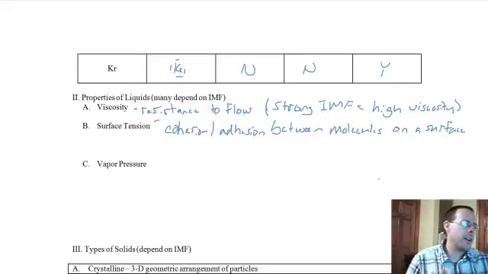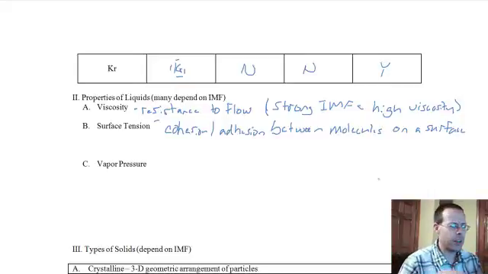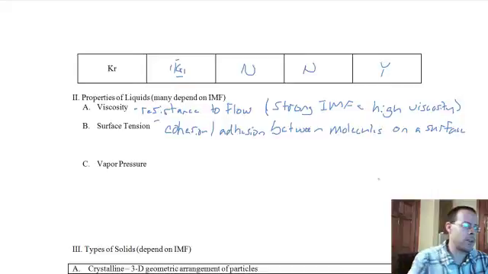Alright, so again, if we think of water, you've probably seen movies with water striders that walk across water. Why can they walk across water, but if they were to try to walk across an alcohol or across acetone, which is fingernail polish remover, can they not walk across those? Same thing as viscosity.